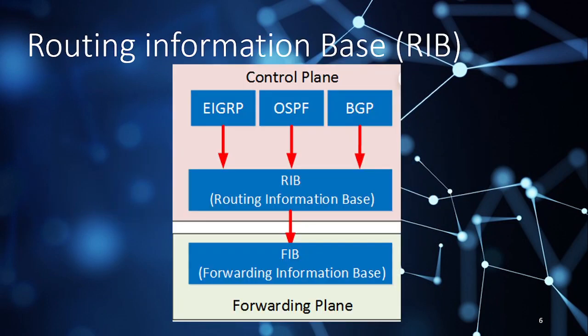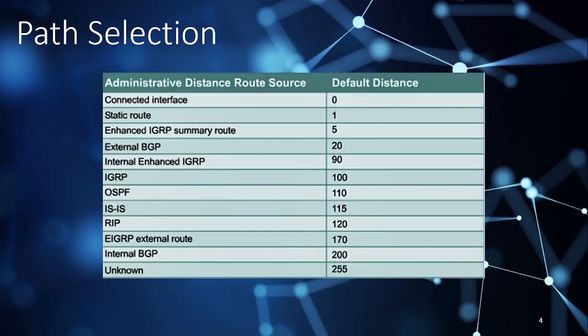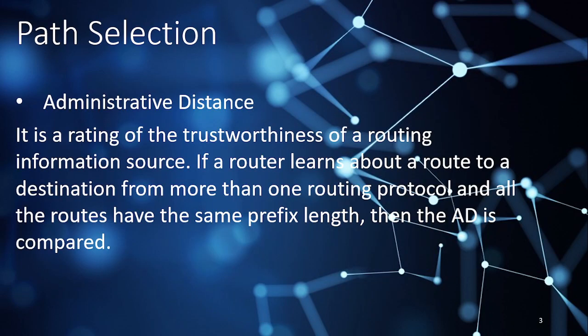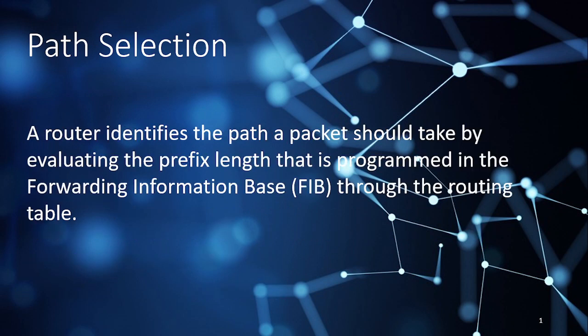Now let's talk about the routing information base. If a router, as we have said earlier, receives a route from three different protocols like EIGRP, OSPF, and BGP, they are programmed in the route forwarding information base.